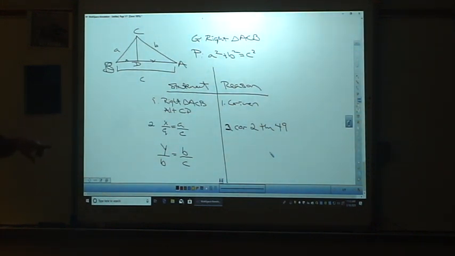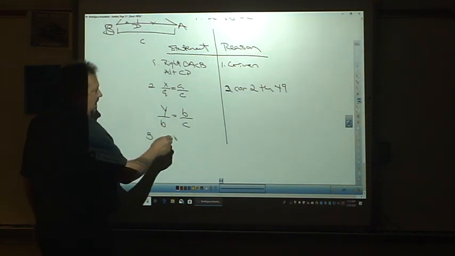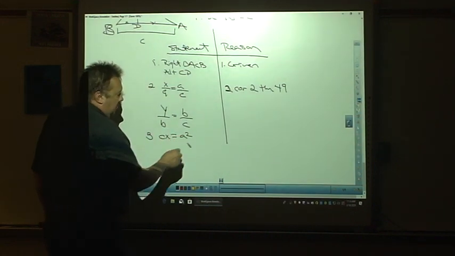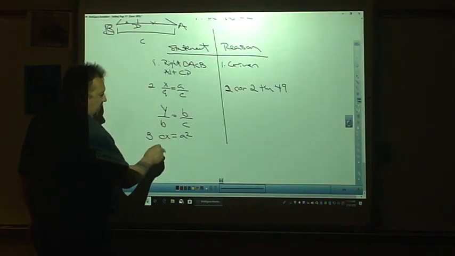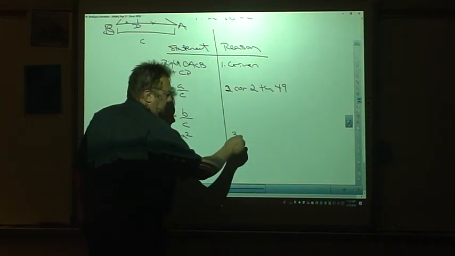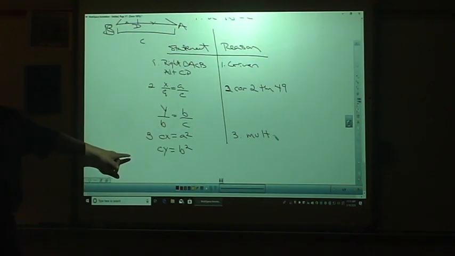Next step, I'm going to cross multiply. And I will get CX equals A squared. And CY equals B squared, multiplication, and I hope you see why. I think I heard a groan, okay.